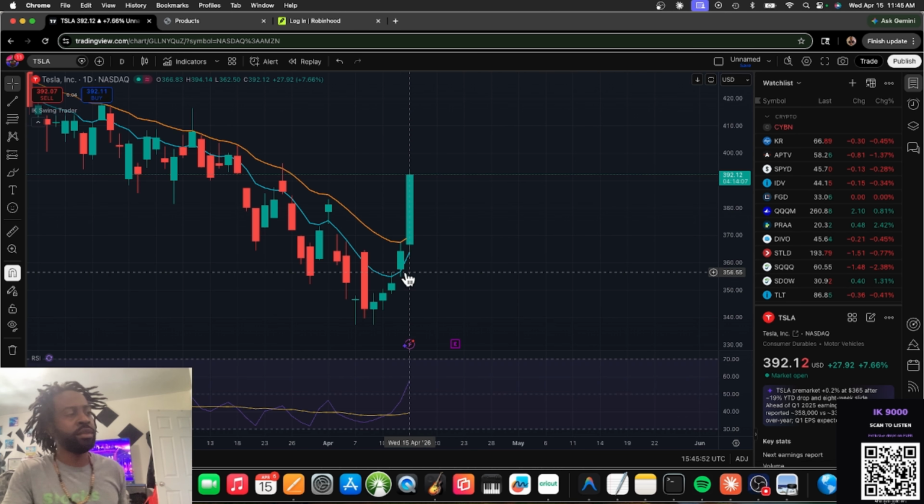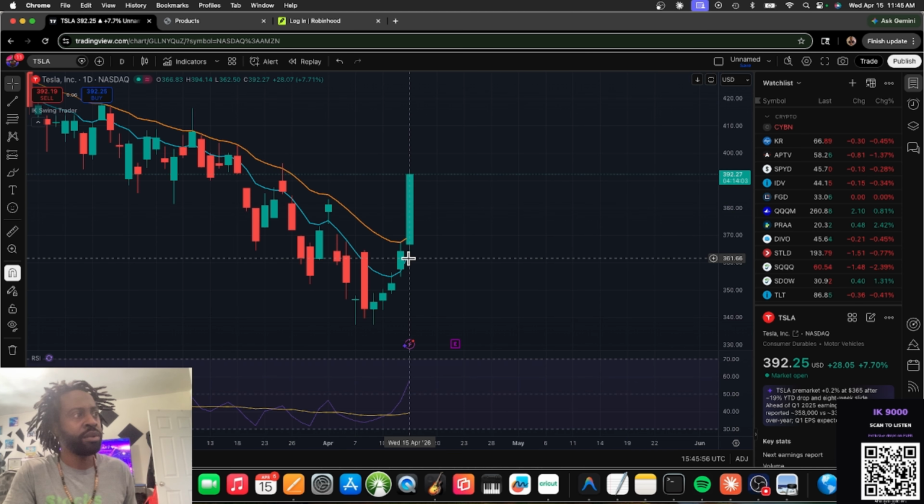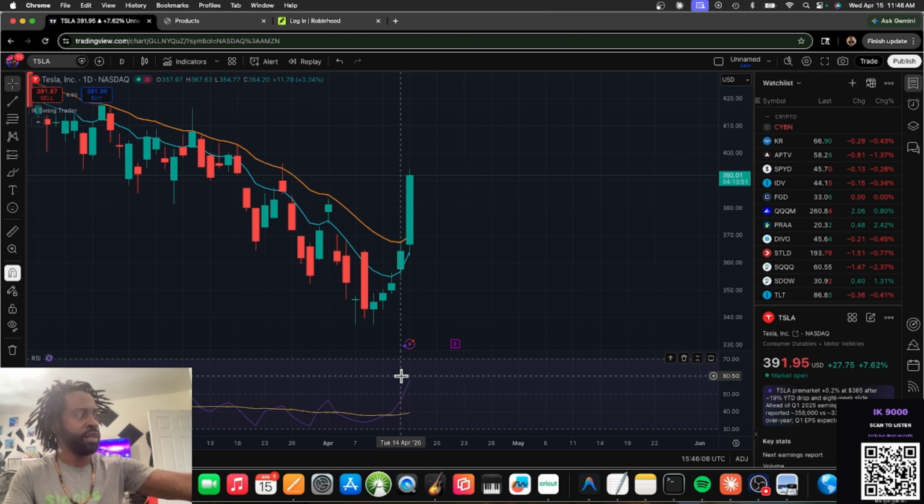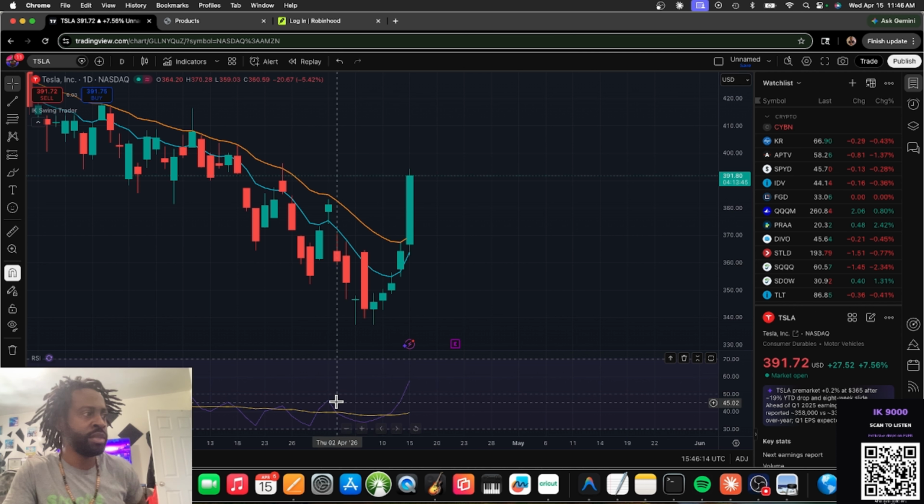Then I got the confirmation with this blue line curving up, and this orange-yellow looking line curving up on the 250 moving averages. And then the RSI, that's another indicator that's a part of this package that I'll have available for you to download.